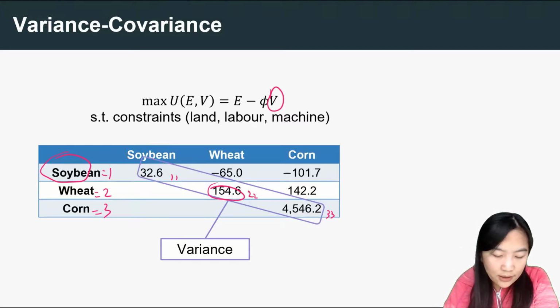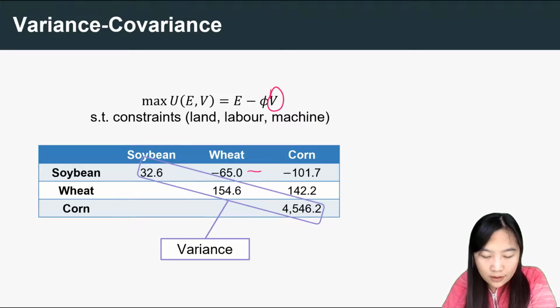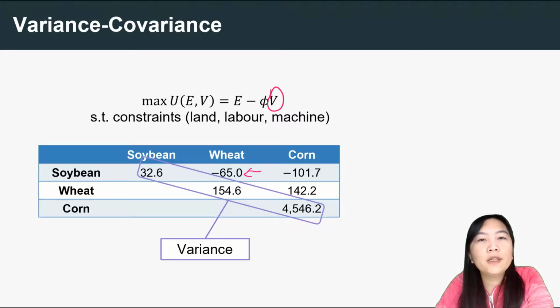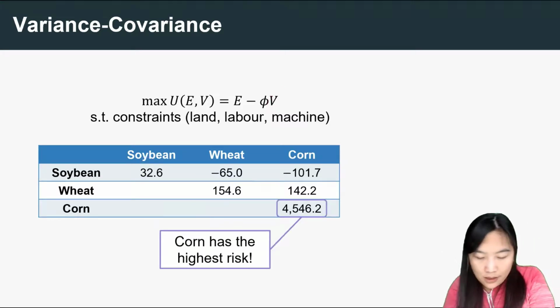And for the other terms here, that negative 65, the i-th activity is soybean, however, the j-th activity is wheat, so they're not equal to each other, and that's the covariance term.